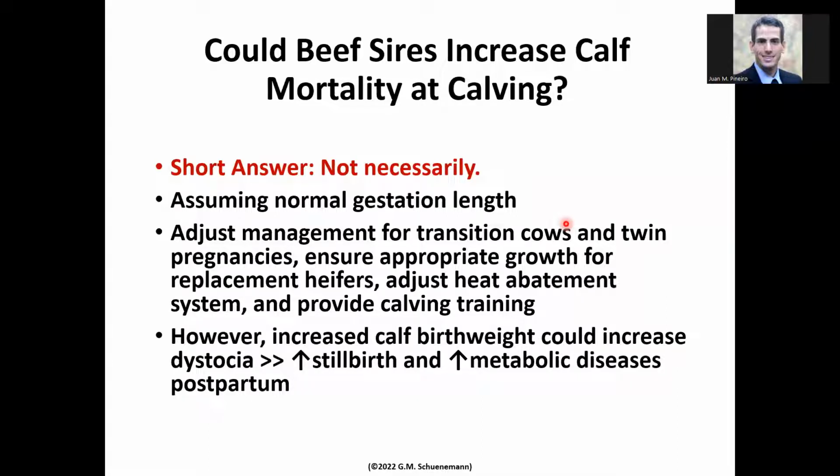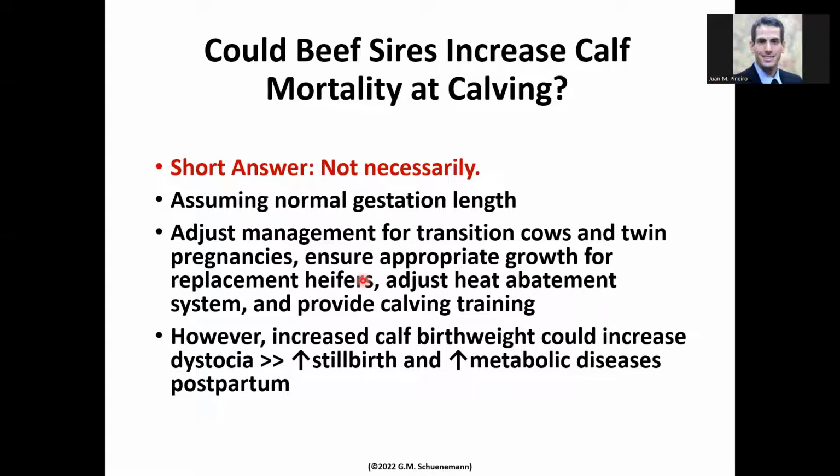And something that I do believe has an impact, that could be seen as the bull, is that management needs to be adjusted for transition cows, and they have to work on twin pregnancies, especially managing the prevention of twin pregnancies, which could be done by the breeding program and the synchronization strategy, right? Ensure appropriate growth for replacement heifers.